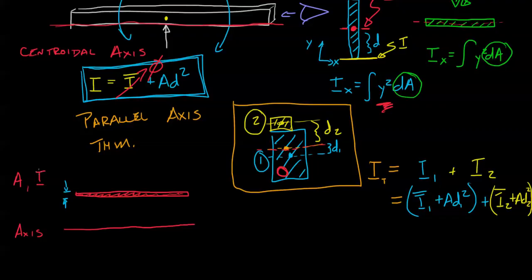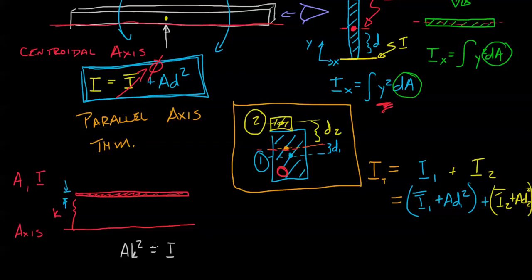which means that in order for us to get an equivalent I and equivalent A, we need to move it off of this axis. We're going to move it off of the centroidal axis some amount. We'll call it k. All right? And you can imagine we're going to keep moving this further and further away until we get far enough away that if I take A times k squared, I'm going to get the correct moment of inertia.